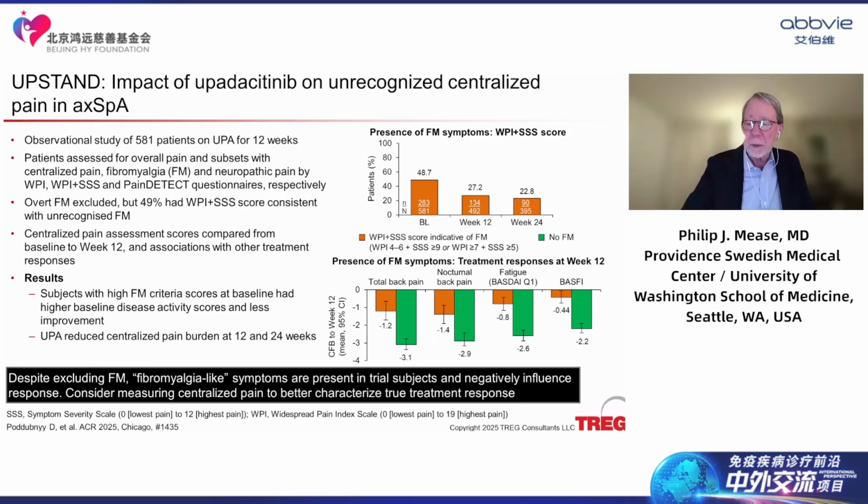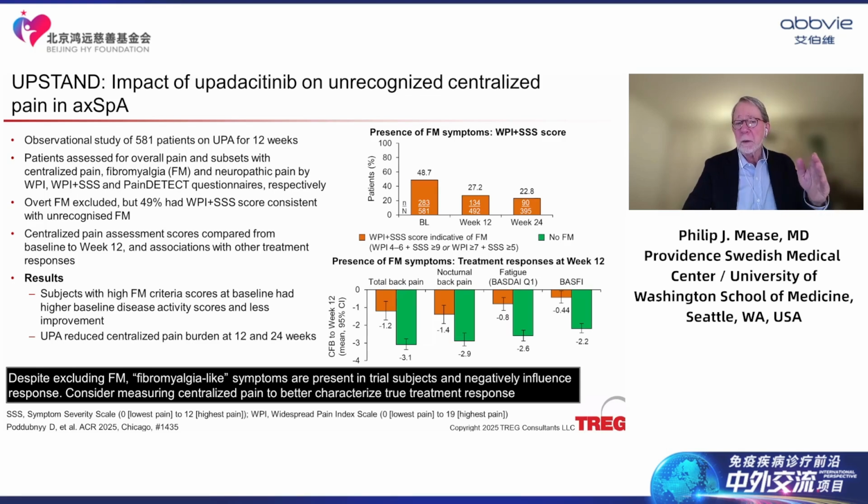So what happened during the course of the trial? In the lower right-hand graph, you can see that the patients that scored high, in the orange, had less pain improvement than the patients that did not score high and had very good pain improvement with upadacitinib.